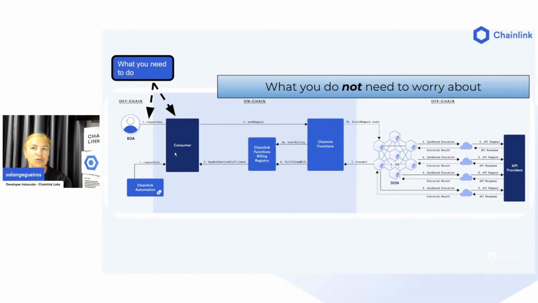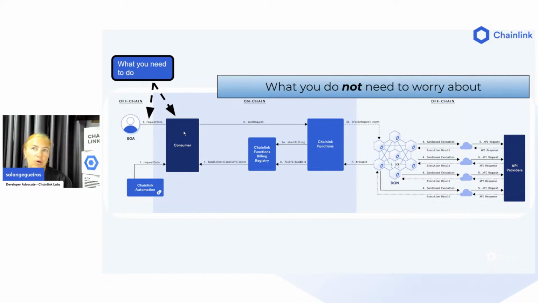We are creating this today, and the consumer is requesting data. We can include some automation, but I'm not using automation today. And after this, the consumer sends the request to the Chainlink function. So all of this part, you don't need to worry about it.